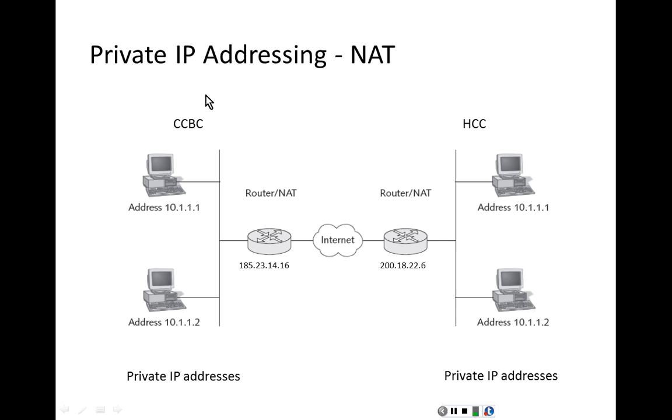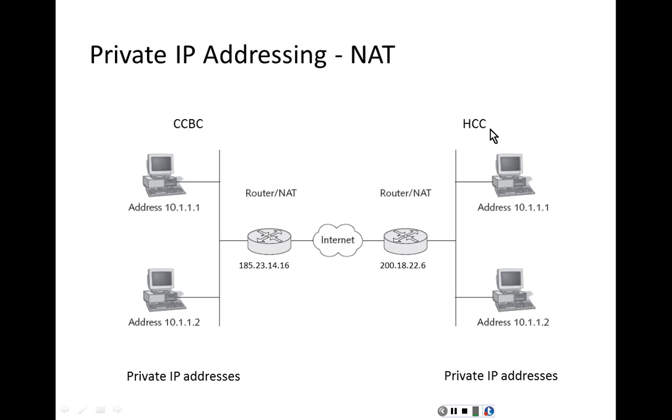If we look at the example of CCBC and Howard Community College, CCBC uses the internal range of 10.0.0.0, and so does Howard Community College. But I thought no two computers on the face of the earth could use the same IP address.